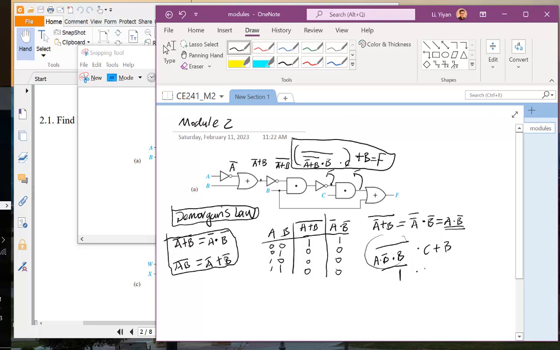So it becomes 1 and C or B eventually, or you can say B or C. So the entire circuit now becomes B, C, only 2 inputs, and an OR gate, and then F. Okay, so that's how the circuit is getting simplified.